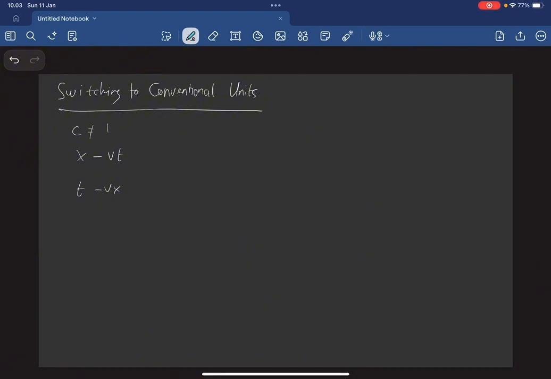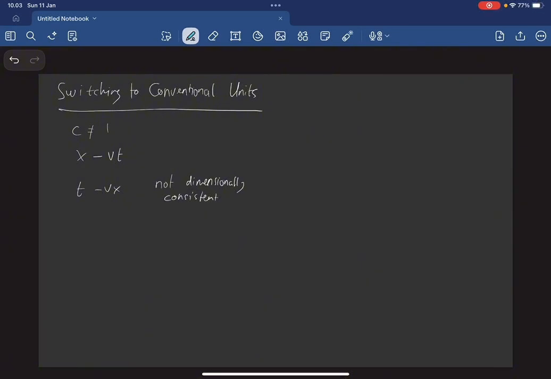t has units of seconds and vx has units of meter squared over second. So this one is not dimensionally consistent. There is a unique way to fix the units.